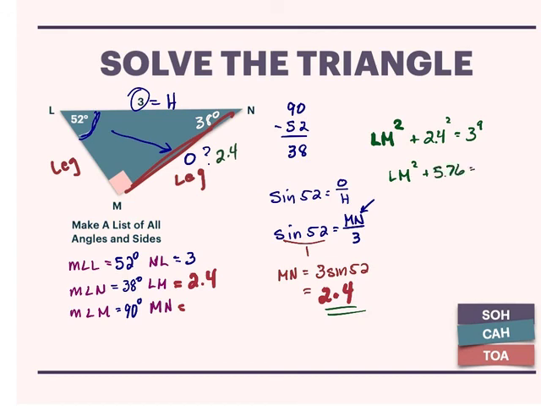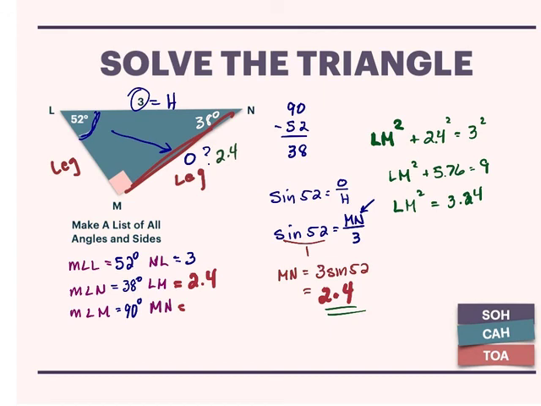That looks like a 3 to the 9th power there, but that's 3 squared, or 9. It got squared as I wrote it down. So we're going to subtract 5.76. That's going to give us 3.24. Let me double check: 9 minus 5.76 is 3.24, and then we will square root it.